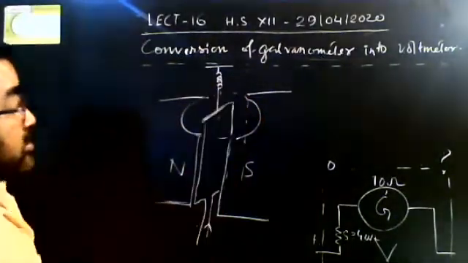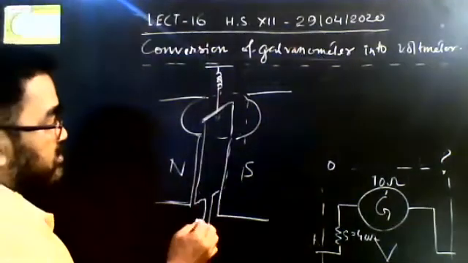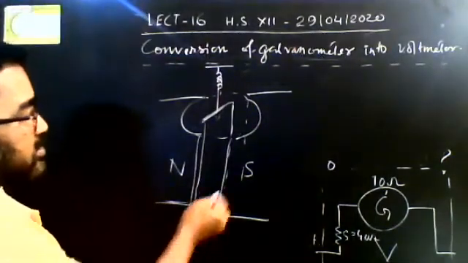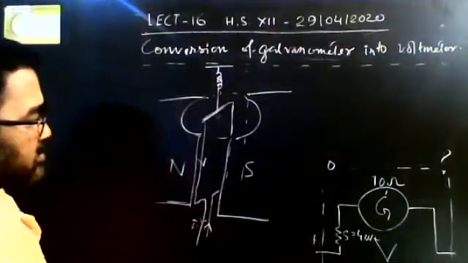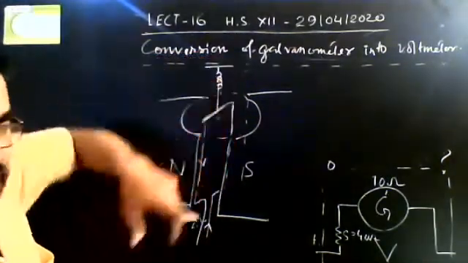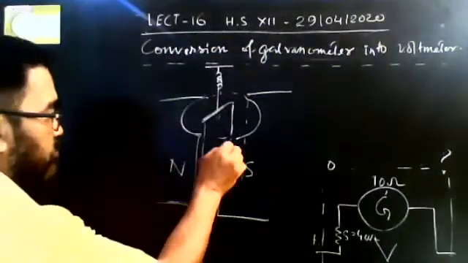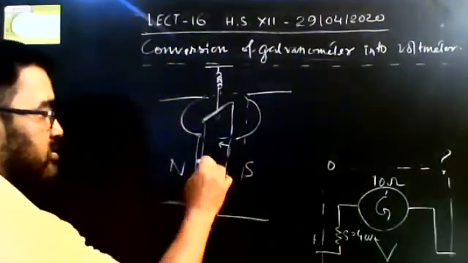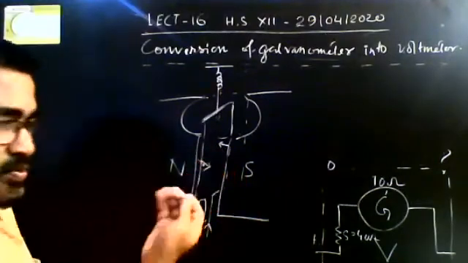When current flows through this, what will happen? The vertical conductors will experience some torque. This conductor will be pushed in the inward direction and this conductor in the upward direction.